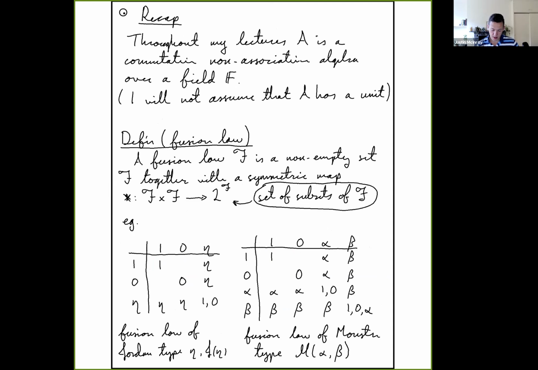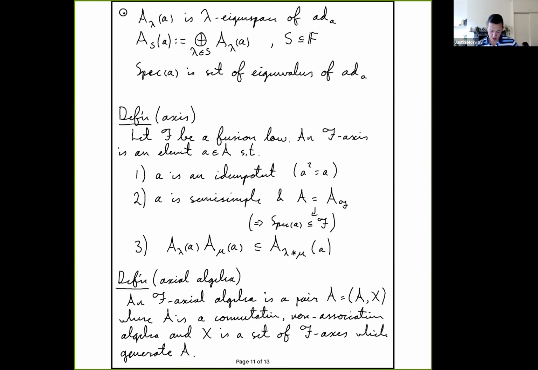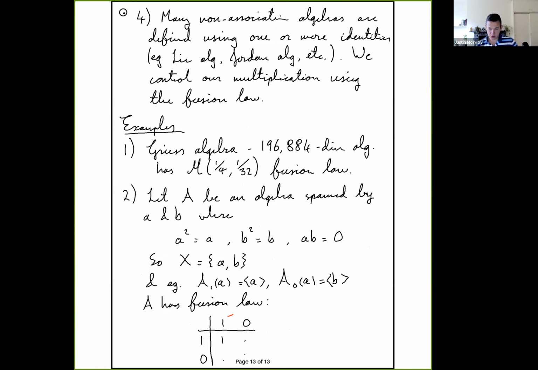So not only is this algebra here an algebra for this fusion law, it's also an axial algebra for Jordan-type fusion laws for all eta, and it's an axial algebra for the monster-type fusion laws for all alpha beta. And actually, that is where this algebra gets its name from. So we call this algebra, it's called 2B.